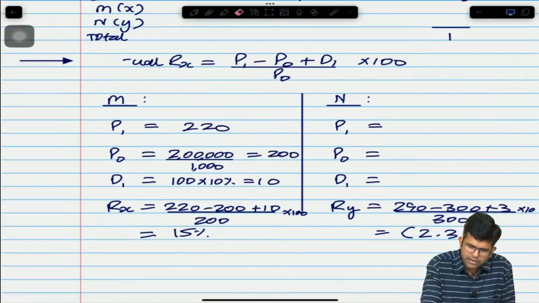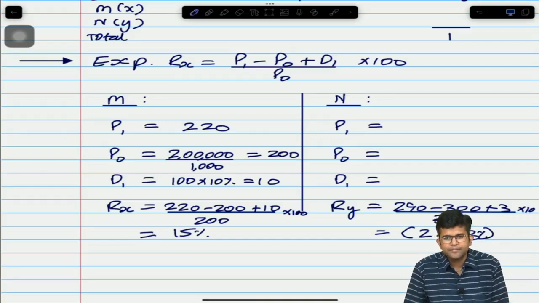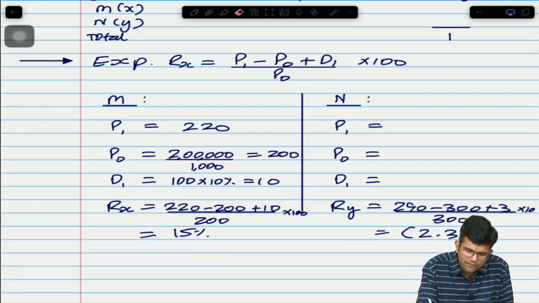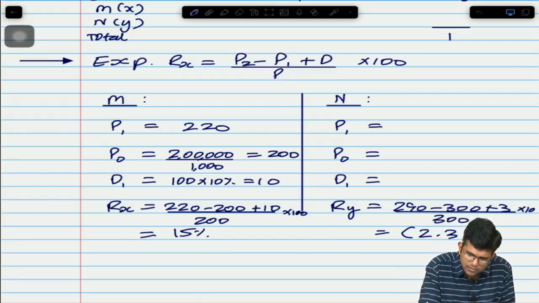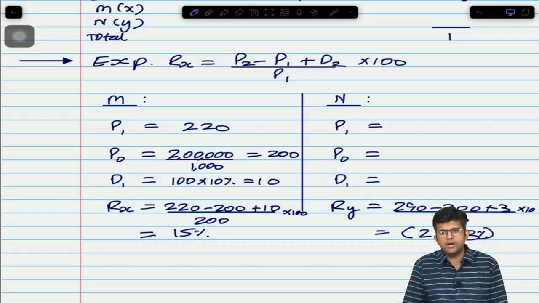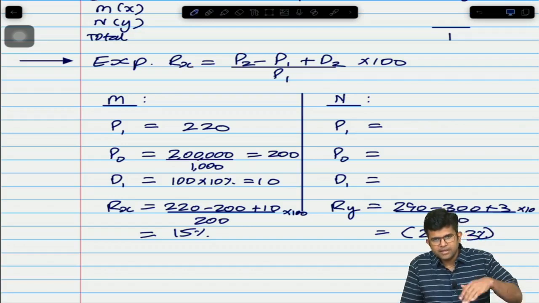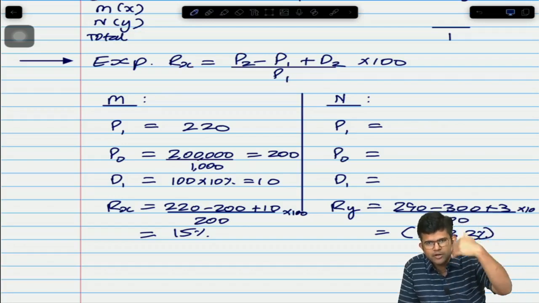But can I say now I am looking for expected Rx, and do you realize the formula will be, tell me if you understand. Year 2, no, year 1 done, I am talking of year 2, futuristic, correct?